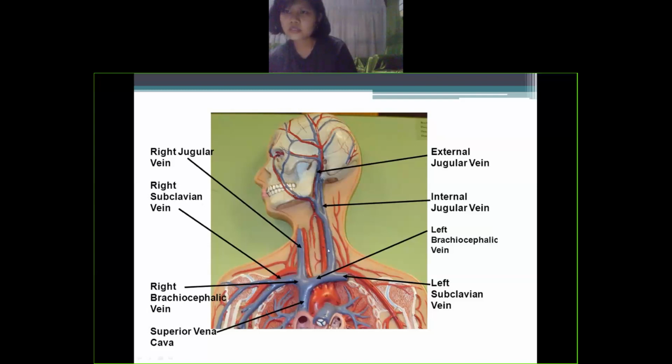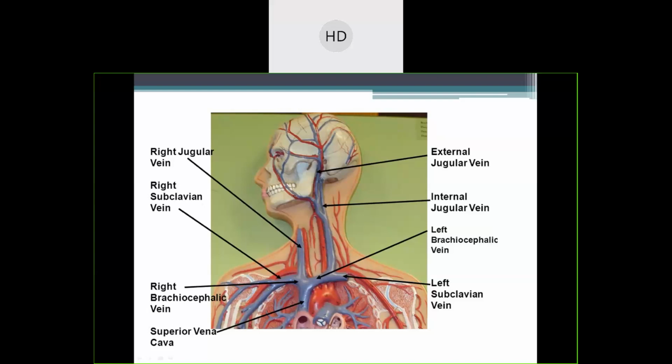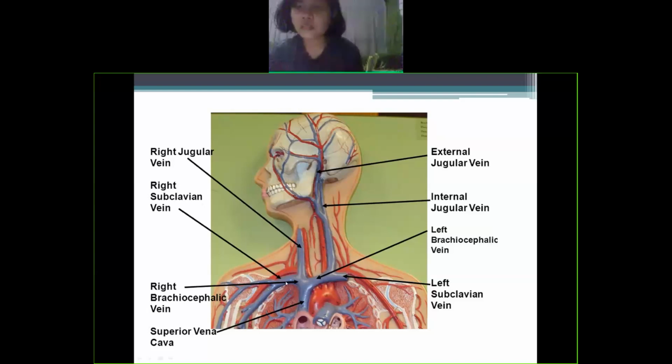The internal jugular veins will unite with what vein? With the subclavian vein. Okay. They will come together and form what vein? You see the picture and say.